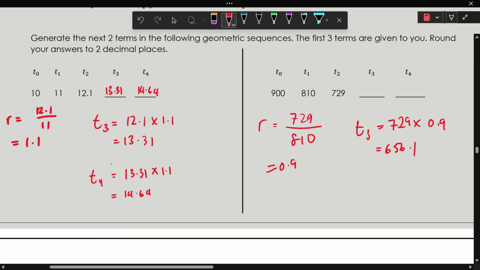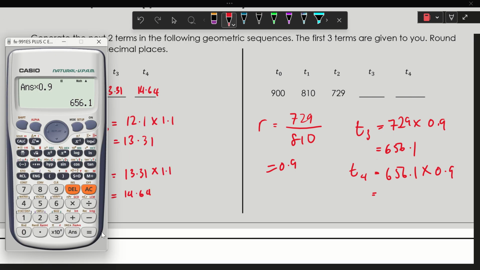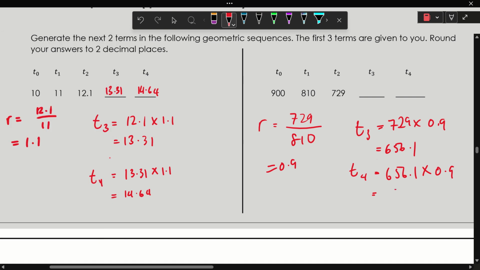And then T4 should be 656.1 times 0.9. So that's 590.49. Okay, so there's our answers.